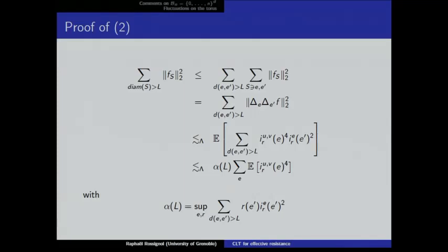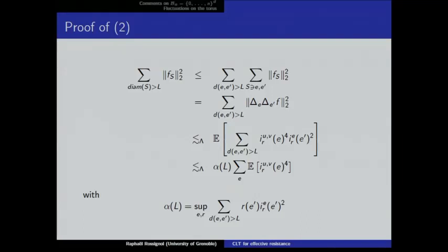In fact, the only point to notice first is that if I want to upper bound the sum of the L2 norm of Fs squared over sets S which have large diameter, larger than L, I can upper bound this by the sum over all couples E, E prime, which are at distance at least L, of the sum over all sets S which contain at least E and E prime of the L2 norms, the Walsh norms.